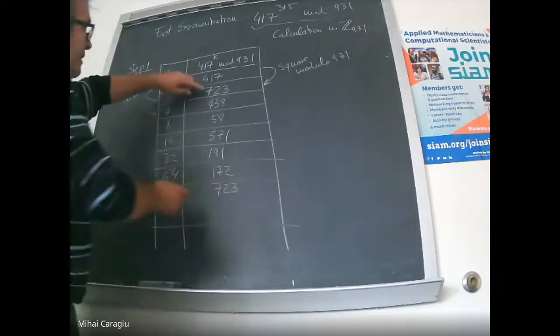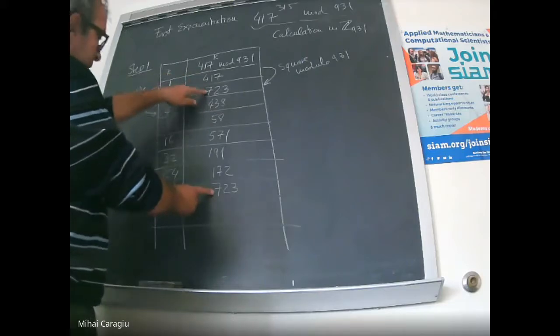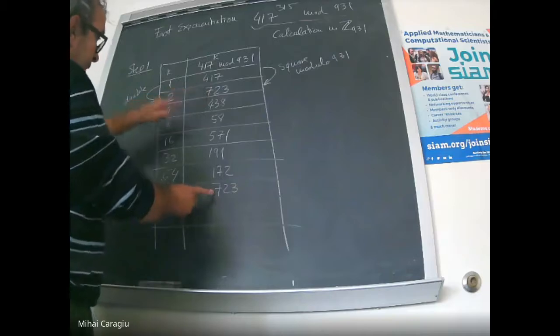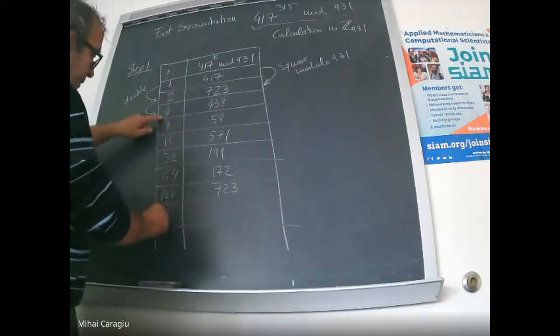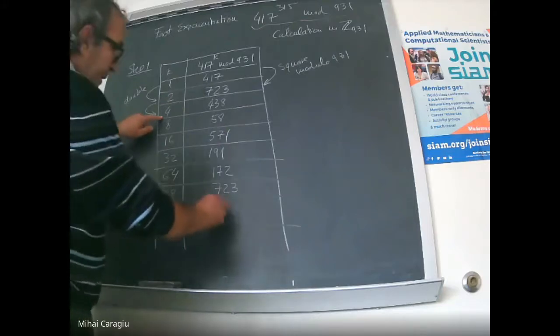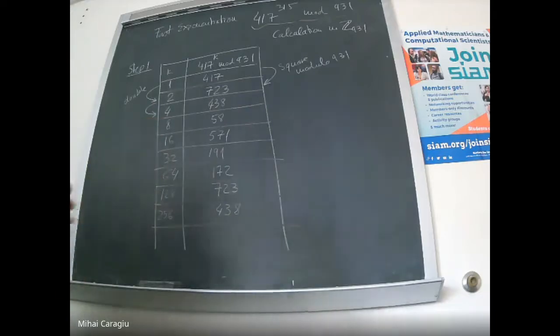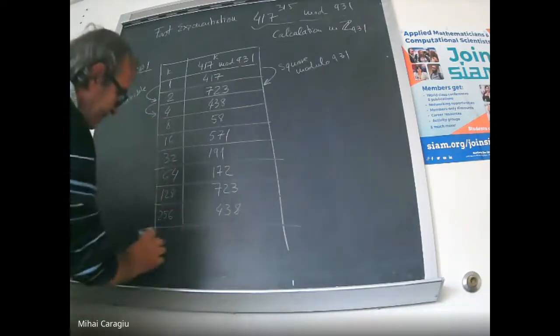It just happened that we got a cycle here, so the 128th power is the same as the second power, which means if we do 256, we'll get 438 again. Okay, that's the first step of the algorithm.